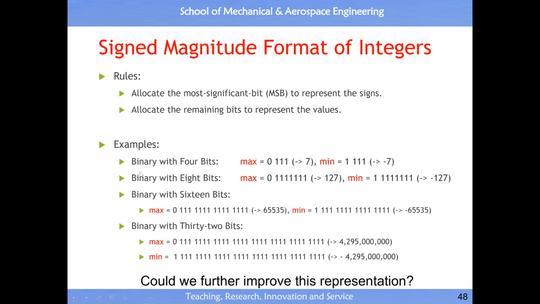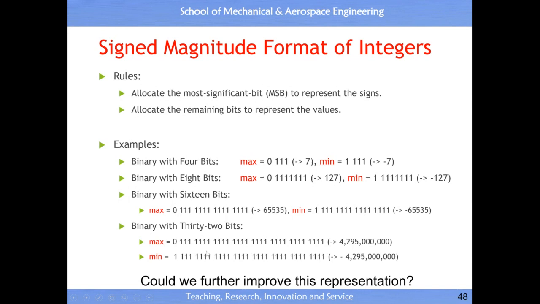Maybe if we have a binary number, how do we know whether this is a positive binary number or negative binary number? So use the most significant bit to indicate this is a positive value or negative value. When you see this sign, then this is a negative value. This is a positive value.